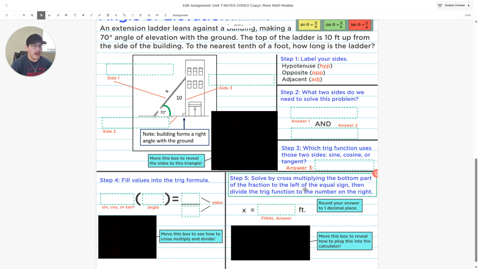And step 5, solve by cross multiplying, and you'll see what you need to cross multiply to solve this. You may need some extra help, and if you need extra help, use these boxes to check what your work should look like when cross multiplying. Okay, so I'll leave it at that. See if you can figure it out.